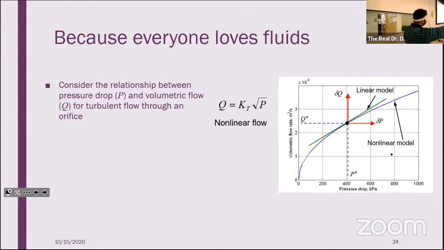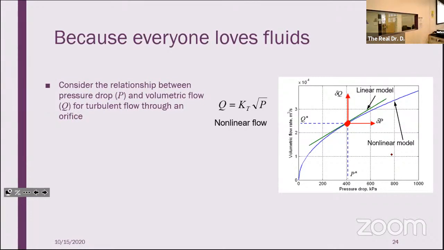We can see the blue line. The blue line is the nonlinear model. And they're telling us they really want us to linearize it about this point right here. That would be great if you could please linearize this model right there.